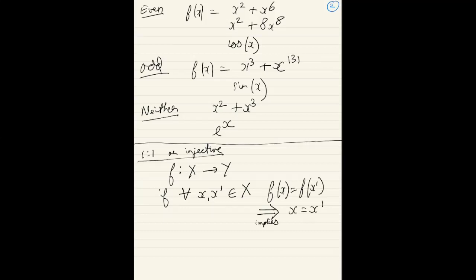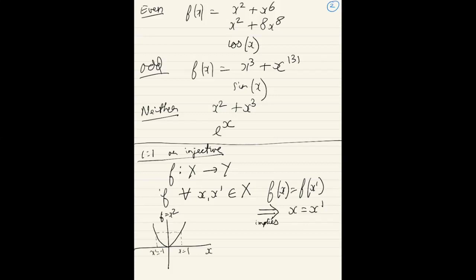If you have, let's say we have this function that we drew over here, x and f is equal to x squared. And let's look at the value of x. Let's say our x prime is -1, and let's say our x is equal to +1. So we know that for these two values, f of x is the same.